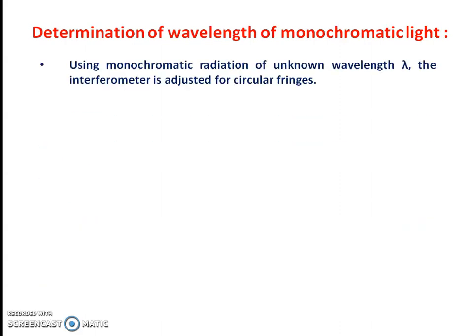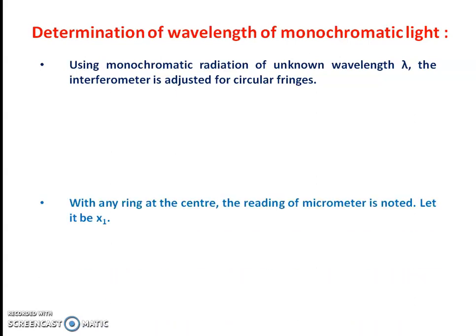Now, how to determine the wavelength of monochromatic light? Using monochromatic light radiation of unknown wavelength lambda, the interferometer is adjusted for circular fringes. How do we adjust for circular fringes? Simply, M1 and M2 are kept perpendicular to each other.